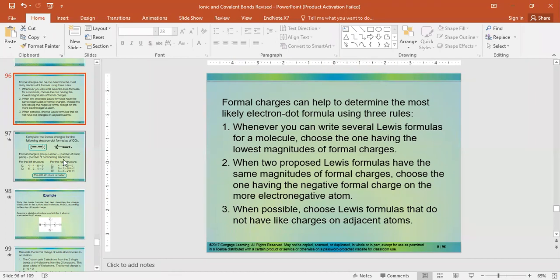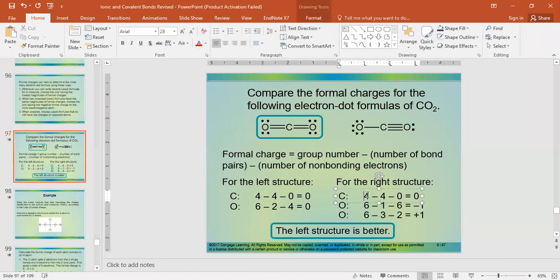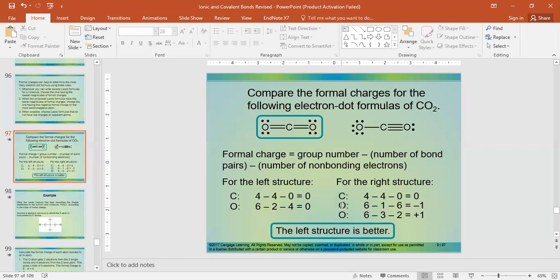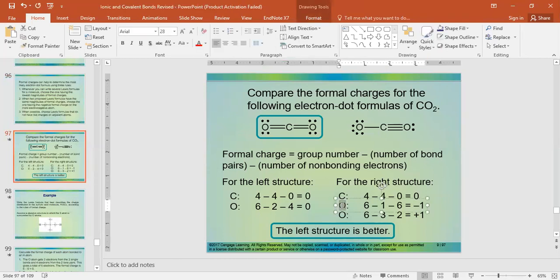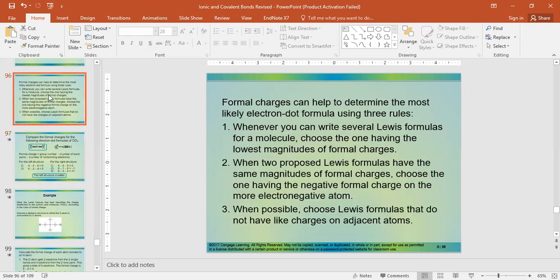So when we look at this example here, forget about this. But assuming that this one was, for example, a chlorine, just giving an example, and this one was an oxygen.